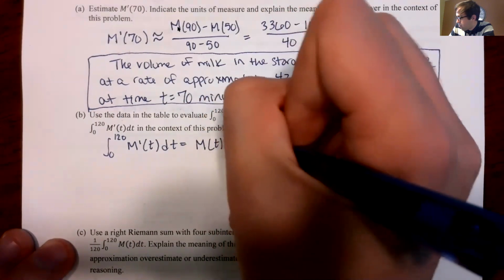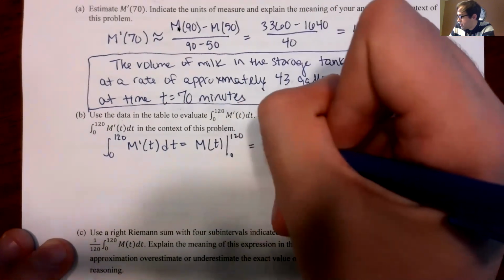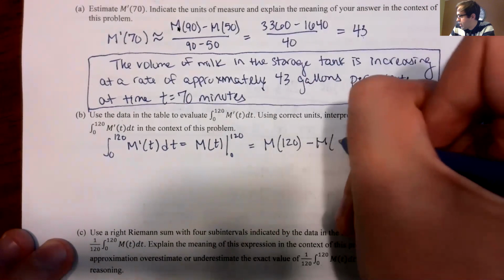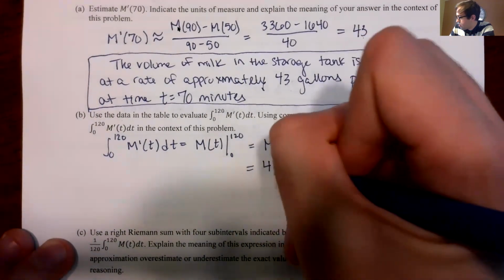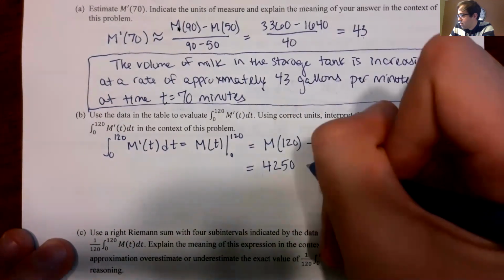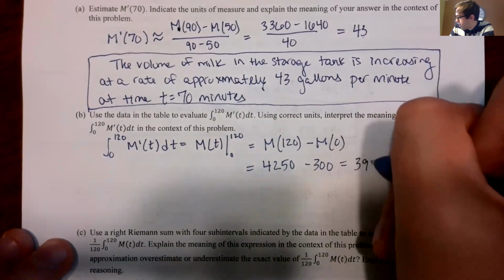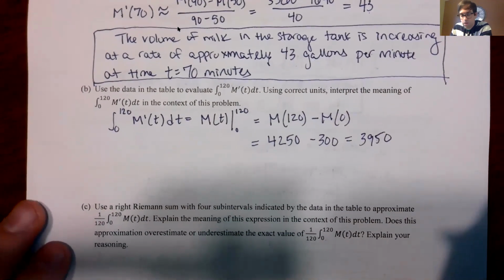We're going to evaluate that from 0 to 120. So that really just means m of 120 minus m of 0, which is 4250 minus 300, or 3950. All right, so that's the integral.